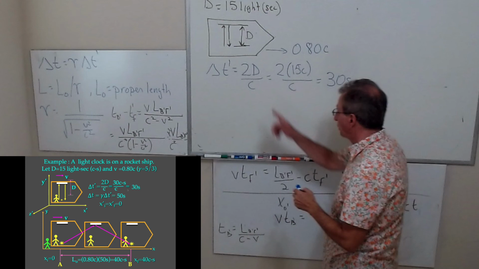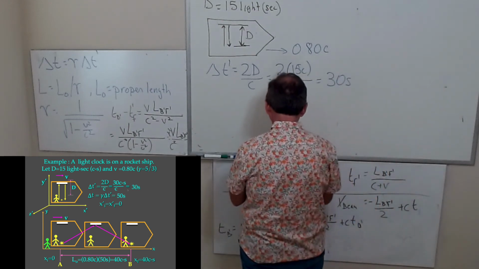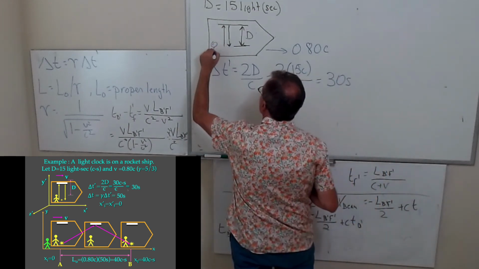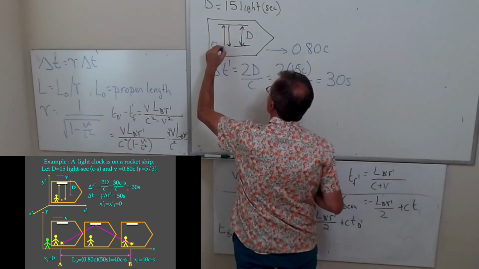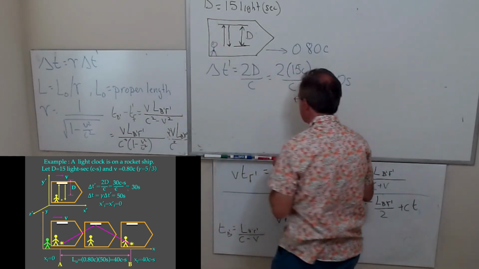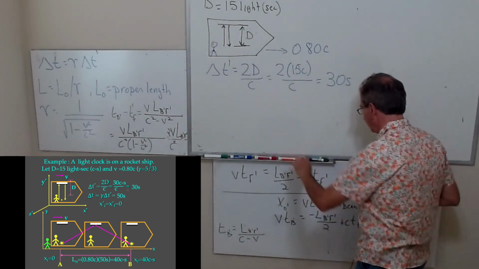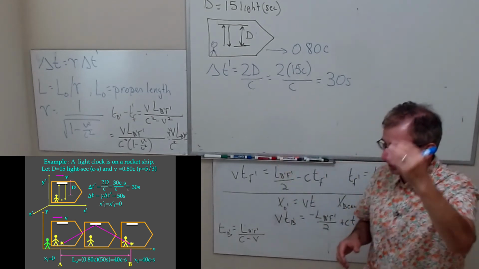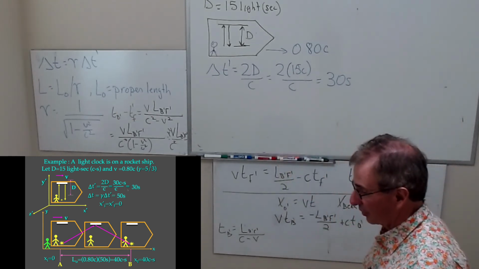So the observer on the platform sees the light go from here to here and back in 30 seconds. Okay, it's a big spaceship, all right? So the light goes back and forth in 30 seconds.